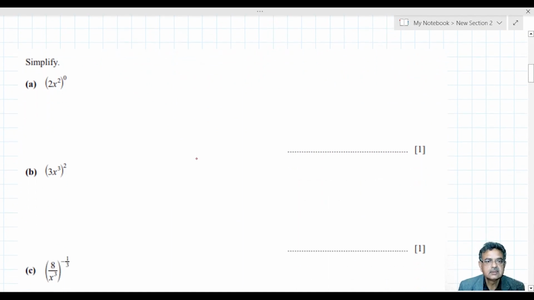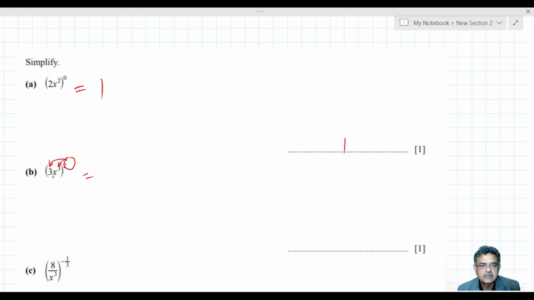Next question, this is about indices, because we are covering both of the things, standard form as well as indices. So this is straight away you can write as 1, because anything power 0 is 1. Now this one, as I have already told, this power will be shared by all the values within the bracket.